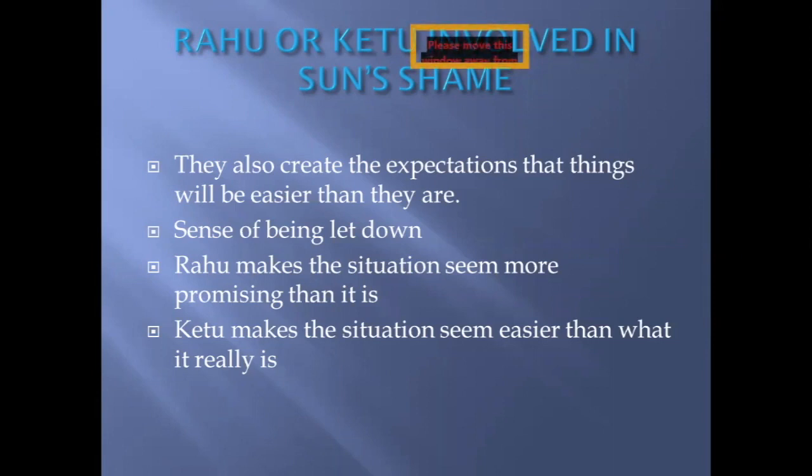Rahu makes the situation seem more promising than it is. Rahu usually brings about a lot of confusion, a lot of deceit as well. So the person will be confused about what the situation is like. And Ketu makes the situation seem easier than what it really is. Okay.